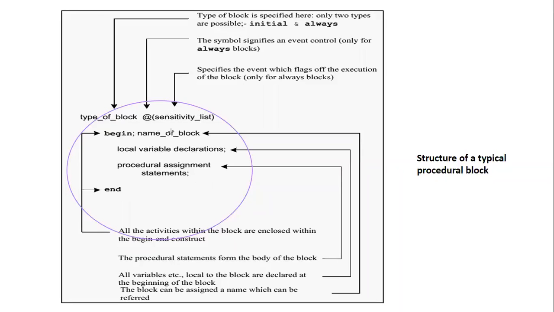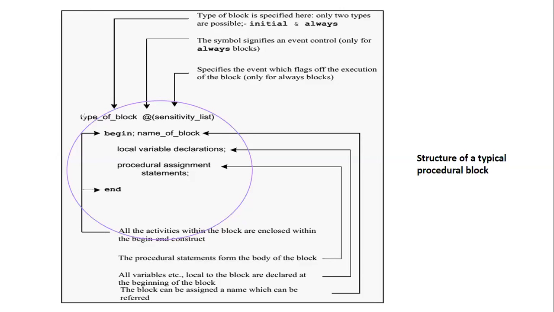All those inputs should be put under this sensitivity list. Always at sensitivity list. This at represents event control. We call this event control. What are the different types of event control? We'll see later. Then you give begin. The name of the block is optional. If you want, you can write it, else you can leave it. And here you give all the assignment statements, then end.